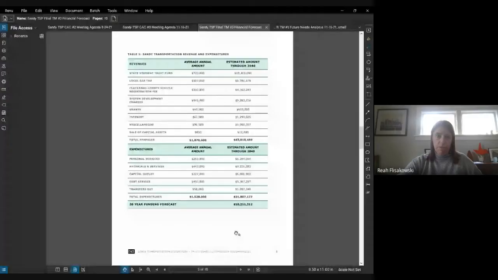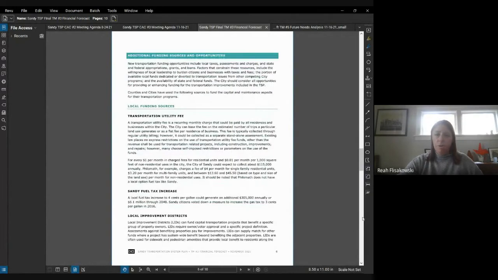Well, yeah, and I did not finish going through the memo. Give me a second here. After we go through this piece, the end of the memo goes through some additional funding opportunities that the city can take a look at, which I think goes to the question that Kelly had asked.